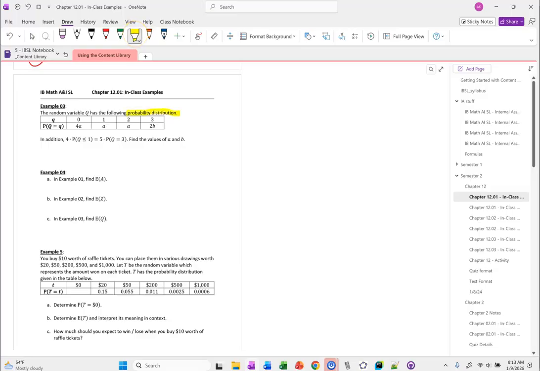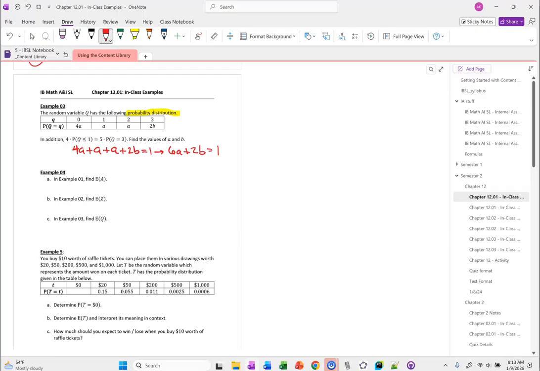It tells me it's a probability distribution, right? Again, that piece of direction, very important. So I can add up all of the probabilities and set it equal to 1.